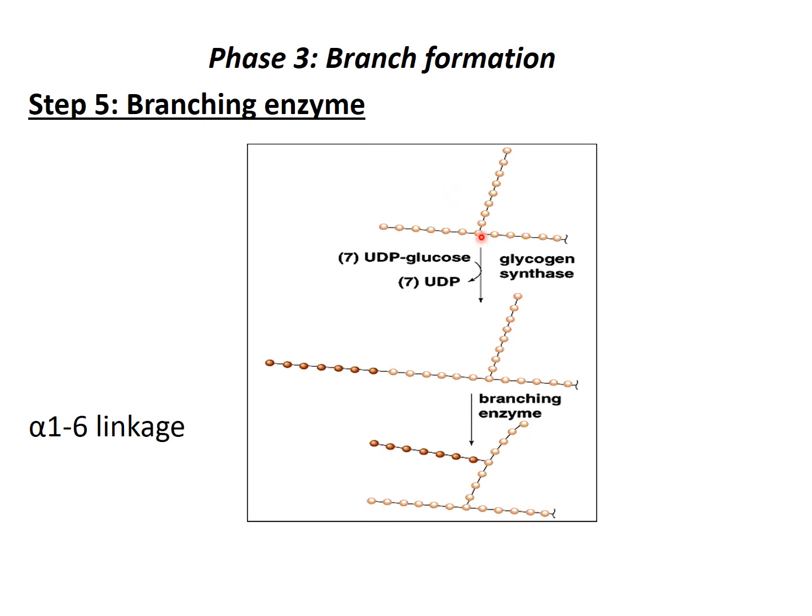It works in a way that when you have seven residues of glucose synthesized here, then this branching enzyme takes off the seven glucose units that were added here and forms a branching point, putting the glucose into an alpha-1,6 linkage. So amylose grows, seven units are taken off by the branching enzyme and put into a branch point.